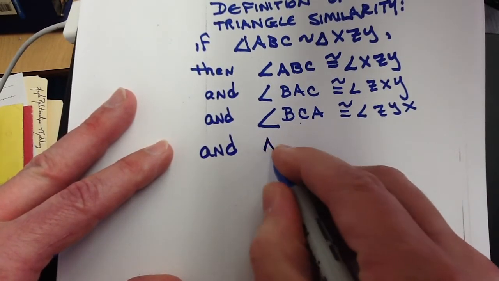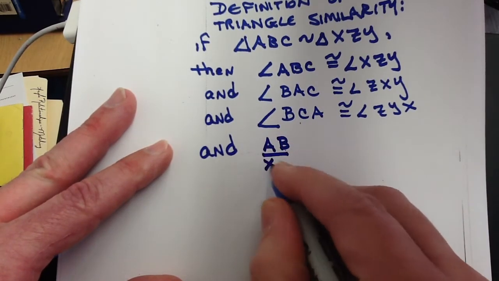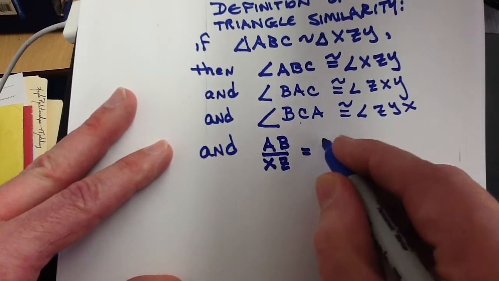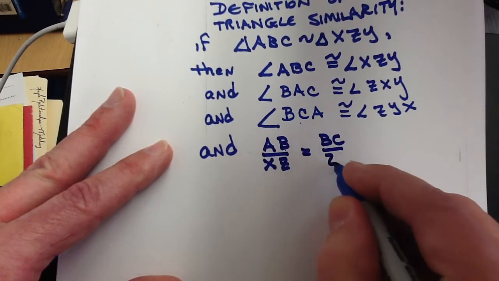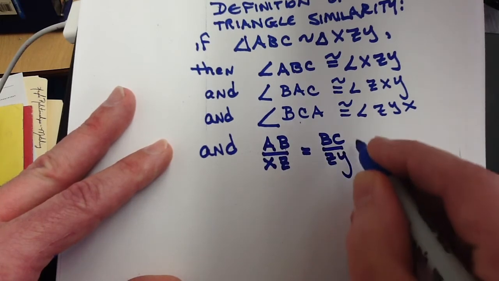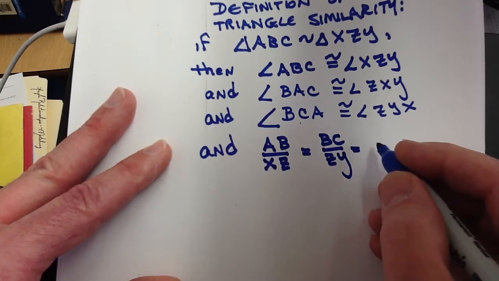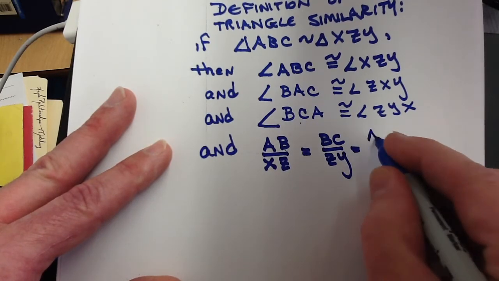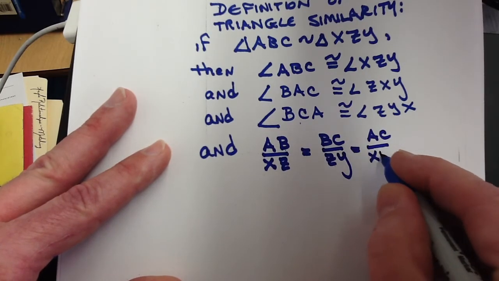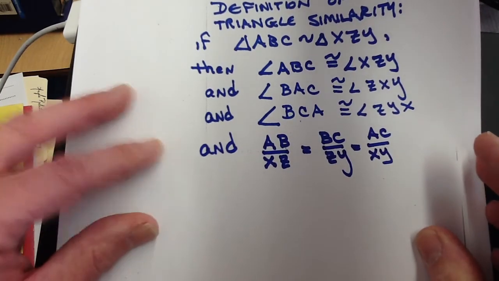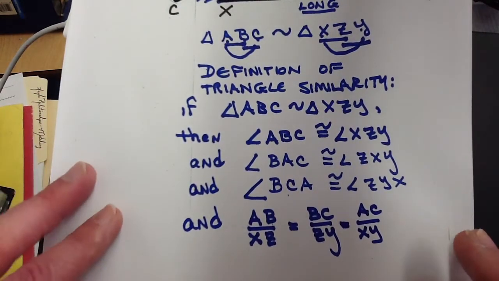So, the length AB divided by the length XZ, that ratio has to be equal to the ratio of the length from B to C compared to the length from Z to Y, and those two both have to be equal to the length from A to C compared to the length from X to Y. So 3 ratios, each one of equal proportion.